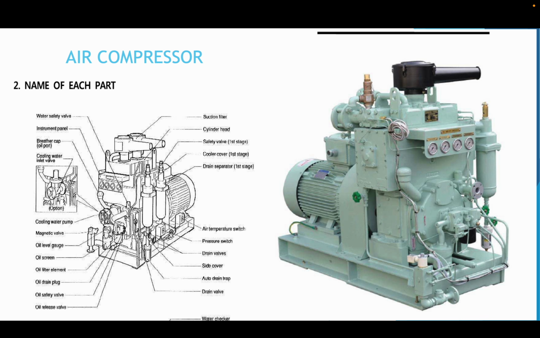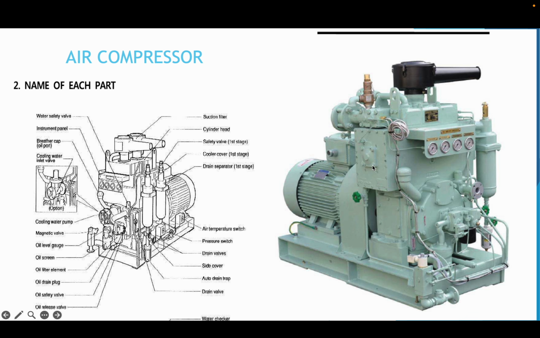Basically, the main components of the main air compressor are: first, this is the suction filter, and this is the first stage relief valve. This is the second stage relief valve. This is the cooling water inlet. This is the cooling water outlet. This is the discharge going to the air bottle.